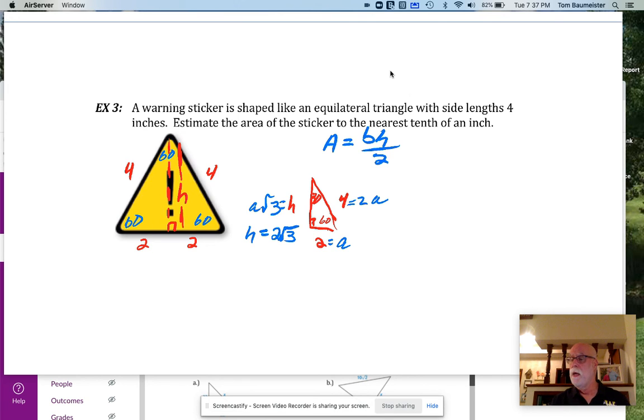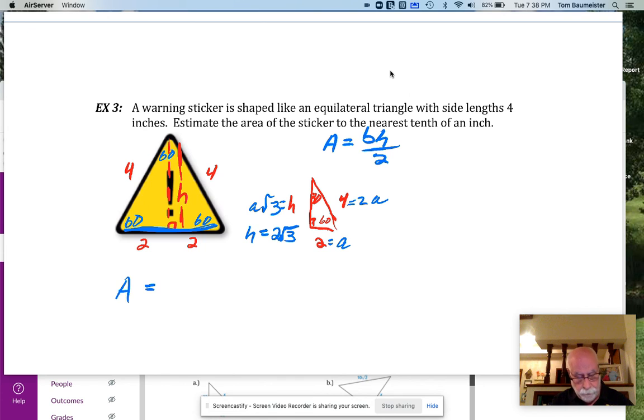Now remember, we're going to say our area of our triangle is equal to the base. Well, the base is the whole thing here. Now remember, I'm taking the whole area of the whole thing. I just had to break it up so that I can find out what the height was.